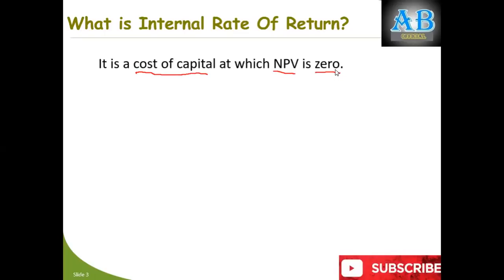So this is an interest rate at which NPV will be zero. That is called internal rate of return.